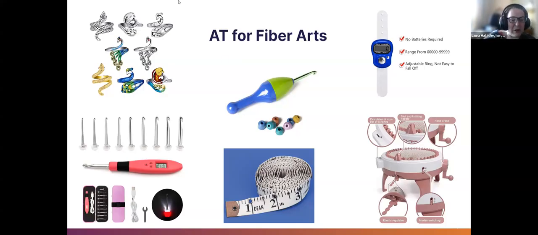It's rechargeable, and it also comes with a light, which is nice if you're needing a little bit more light for that. Next to that is another adaptive handle for crocheting or knitting. Again, these come with some interchangeable parts, but allow you a bigger handle to hold onto your knitting hook, which is cool. Below that is a tactile measuring tape.